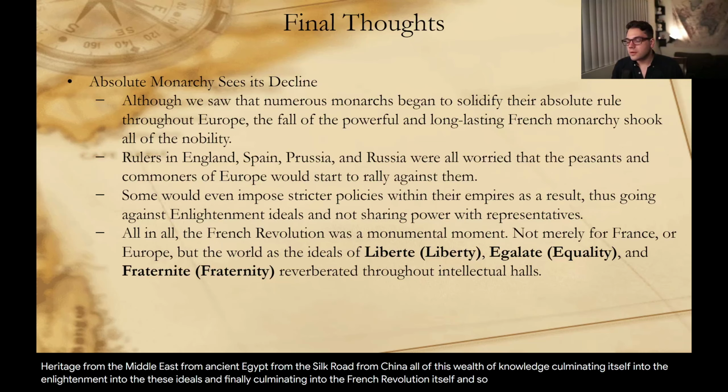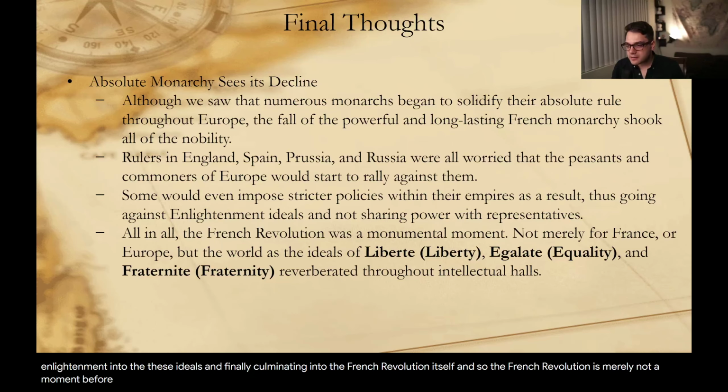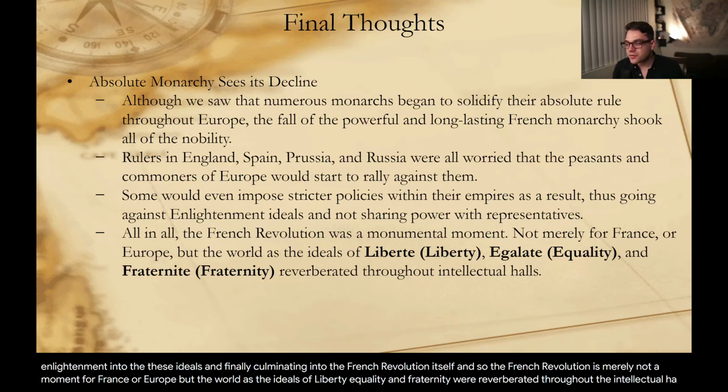And so the French Revolution is not merely a moment for France or Europe, but the world, as the ideals of liberté, égalité, and fraternité were reverberated throughout the intellectual halls of Europe and abroad.